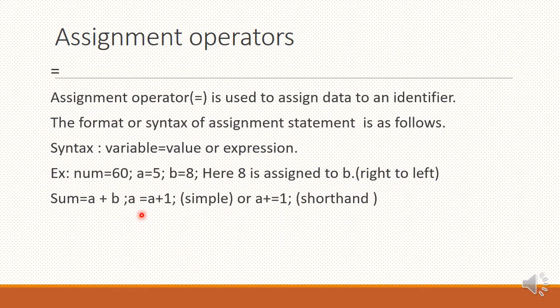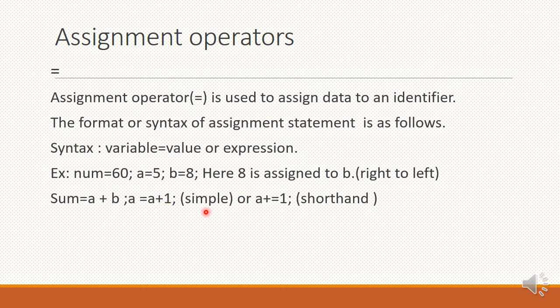Another thing, these are called the shorthand assignment operators. Here, A equal to A plus 1. What is the meaning? A is already assigned. Suppose in the program we first write A is equal to 5, that is, 5 is assigned to the A variable. Next, A is equal to A plus 1 is nothing but 5 plus 1.